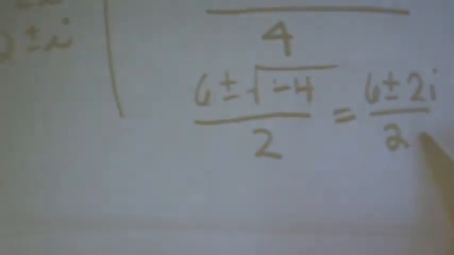So this is going to be plus or minus 2i, so it's 6 plus or minus 2i over 2, and if you simplify, you get 3 plus or minus i. Okay, let me make sure, I did make another mistake. 4, I changed it to a 2, that's my bad.